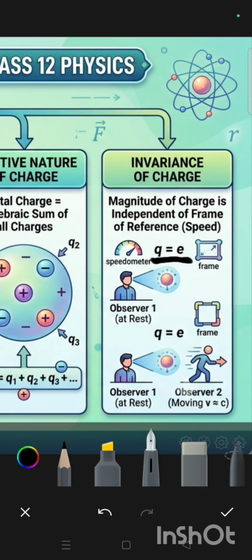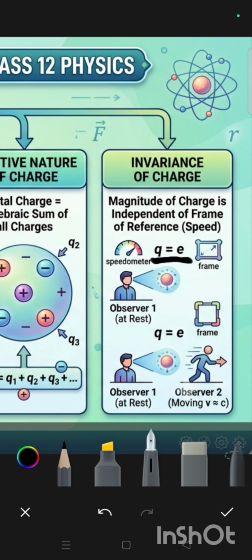If I am running and you are the person standing near the start of the running race track, I am running at 180 km per hour carrying the charge. So the charge is independent. The charge does not gain speed. So charge is independent of the frame of reference.